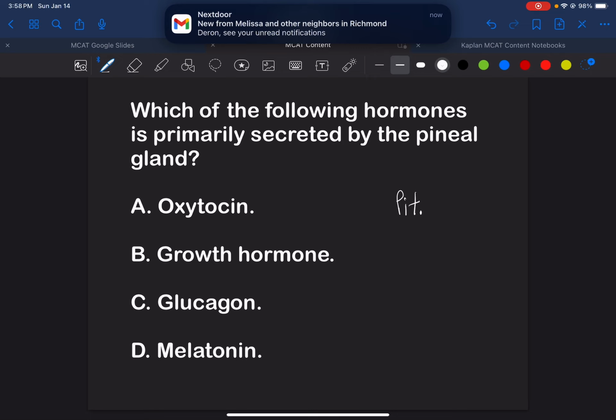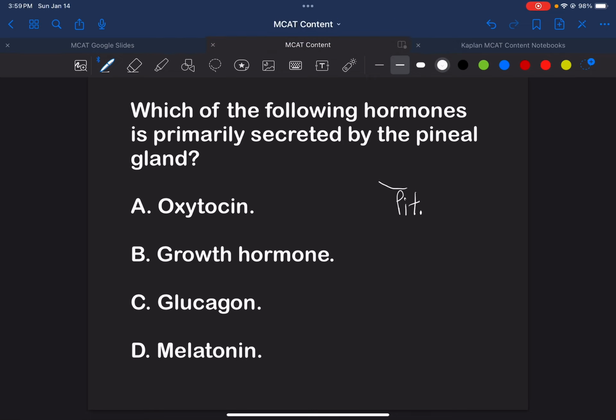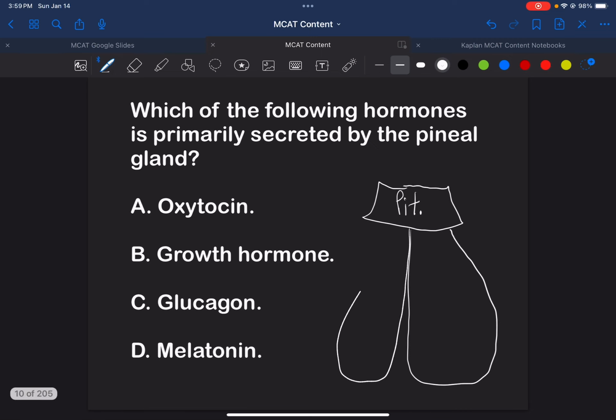The structure is kind of weird, but it comes down to an anterior lobe and a posterior lobe. So the mnemonic is FLAT PEG for the anterior side, and then AO for the posterior side.